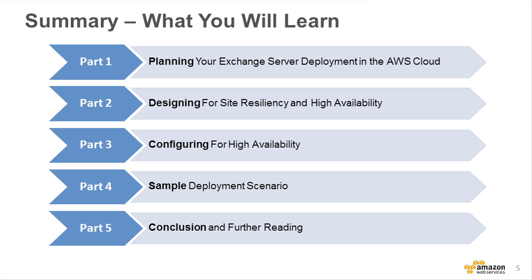We talk about specific pieces around configuring for high availability and how you would do these things given a shared compute and network environment in the cloud. We talk a little bit about the sample deployment scenario that we have published with the white paper and the templates that go with that, and wrap it up, hopefully leaving a little bit of time for some Q&A at the end.